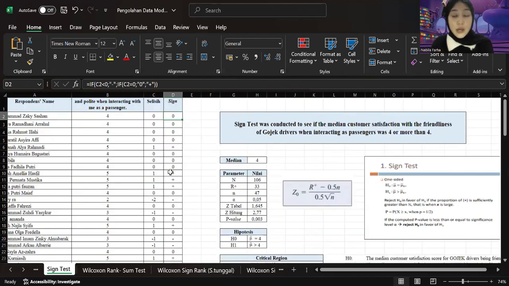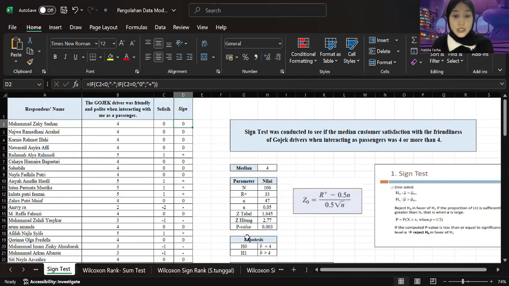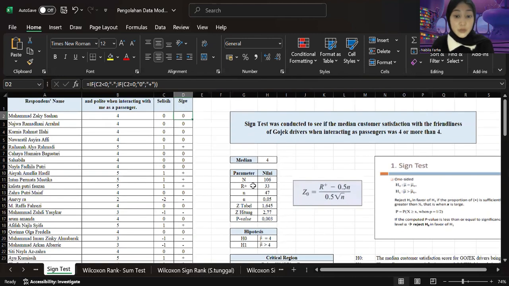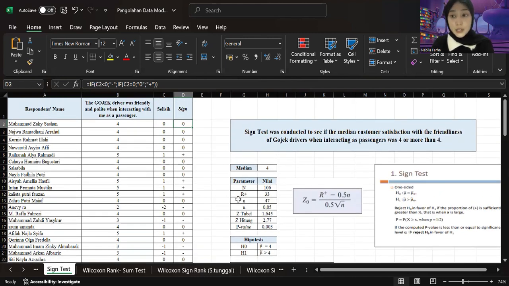After that, we move to the parameters that we need. The first parameter that we need here is R plus. R plus is the count of data that have a plus sign. Here we got the total of data that have a plus sign is 33.